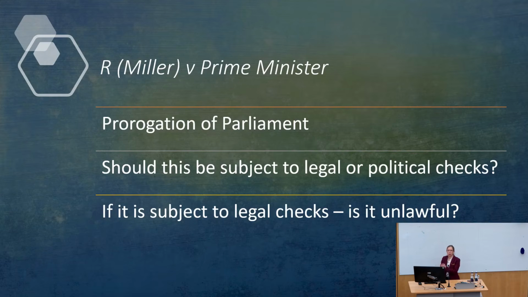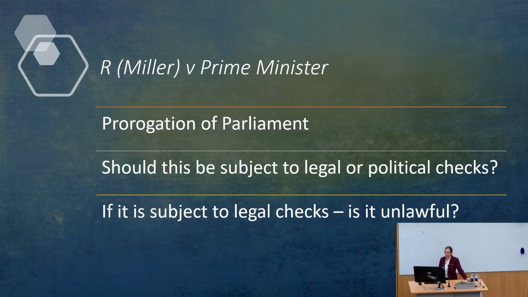Once you've prorogued Parliament, any piece of legislation that was going through Parliament to become an Act of Parliament, if it hadn't gone through all of the stages by the time you prorogue, it's gone. You've got to start again. Now, there are certain exceptions. You can use special measures to carry it over, but if you don't do that, that piece of legislation that you were trying to enact stops. It's no longer going to become an Act of Parliament. You've got to start again to make it lawful. So that's what a prorogation of Parliament is.